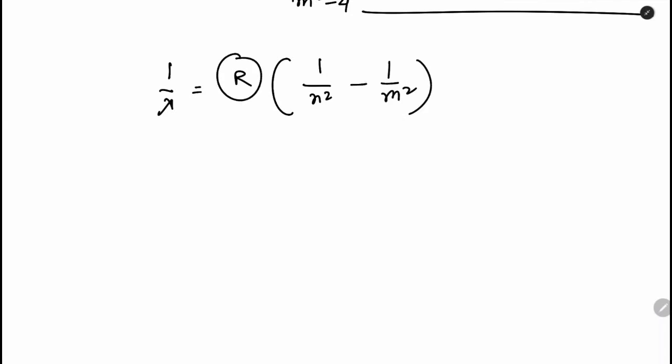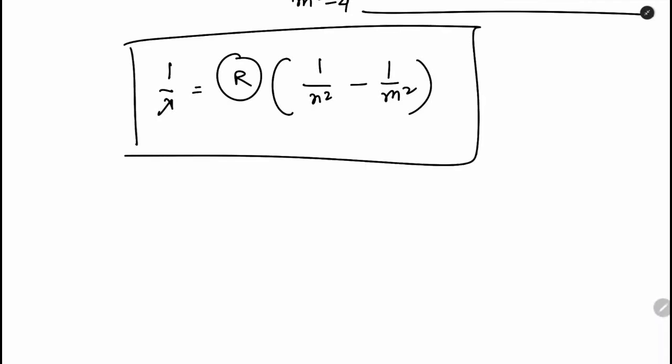Later on, it was seen that 1 by lambda is equal to R into 1 by n square minus 1 by m square, where R is the Rydberg constant. This Rydberg is the person who came up with this equation, where m and n are integers and m is greater than n.